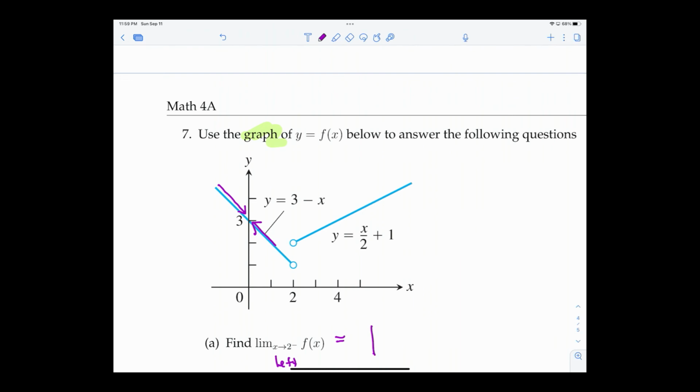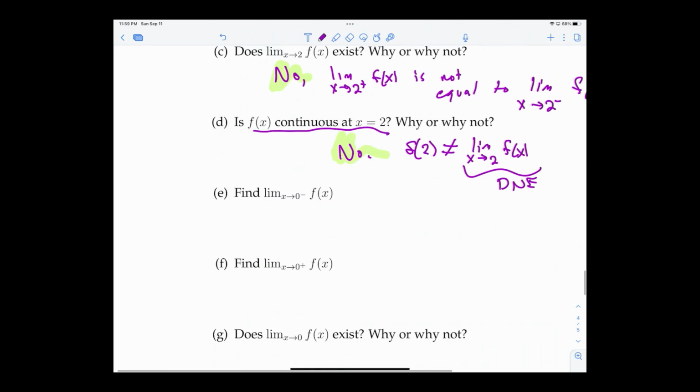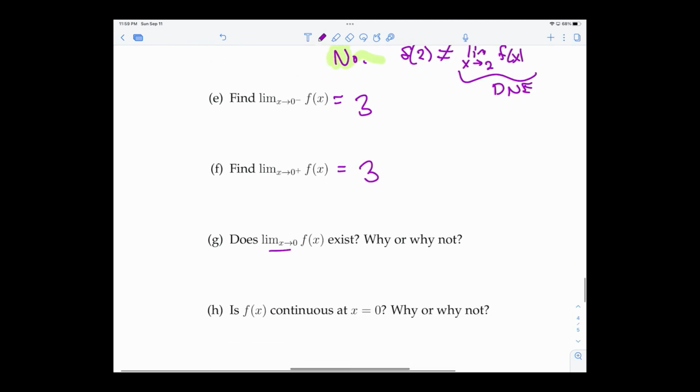And in both cases, from the left and from the right, you end up right here, at a y value of 3. So the limit from the left was 3. The limit from the right is 3. Does the two-sided limit exist? Yes. It's 3.